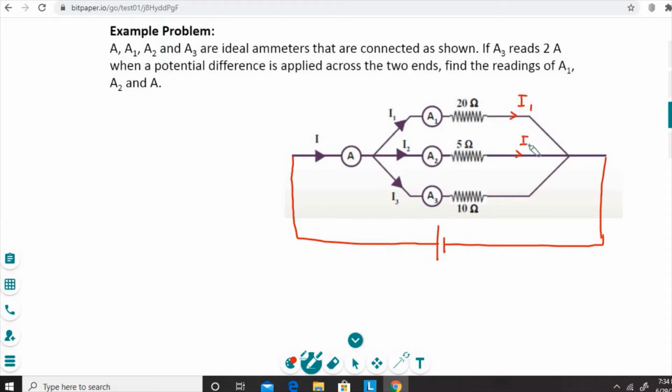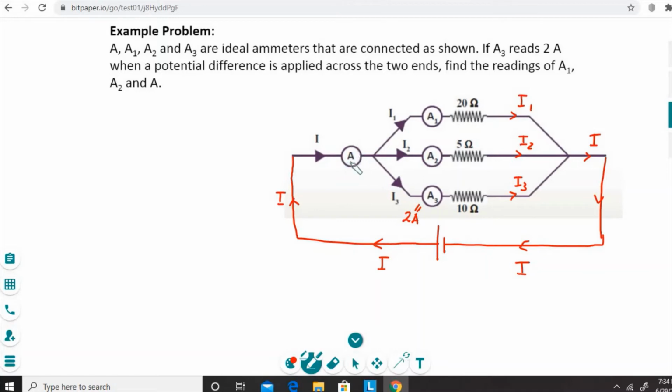On this side it will be I2, and on this side it will be I3, and here again you'll find I, and then it will come back and go through the negative terminal of the battery. So something like this. The question tells us that the reading over here is 2 amps. If that's the case, find the values of A1, A2 and A.